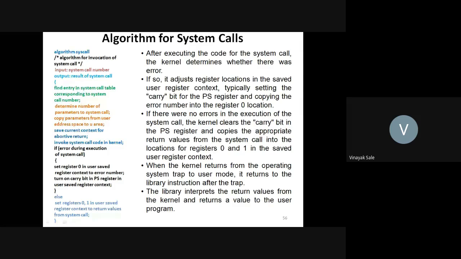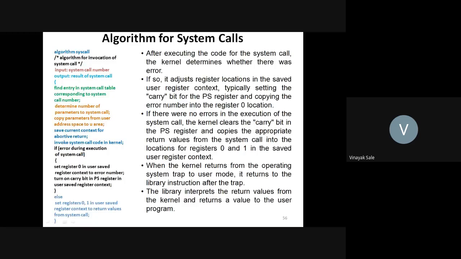If there were no errors in the execution of the system call, the kernel clears the carry bit in the process state register and copies the appropriate return values from the system call into the locations of registers 0 and 1 in the saved user register context.